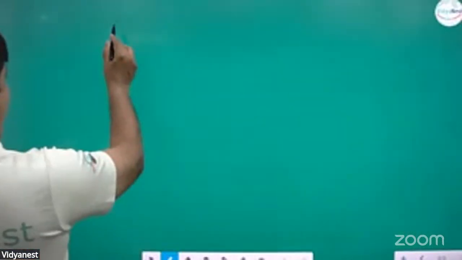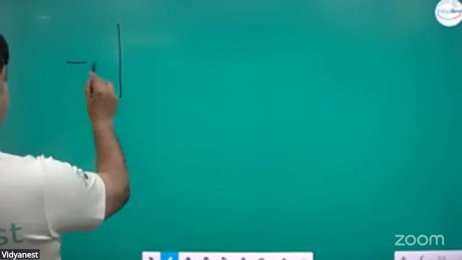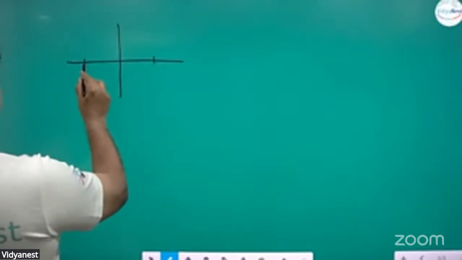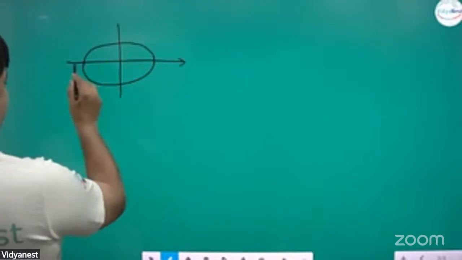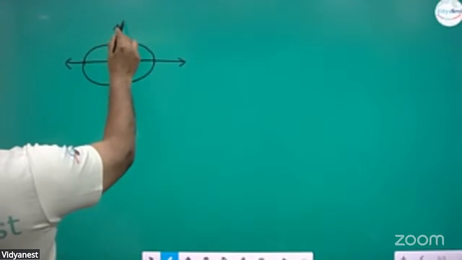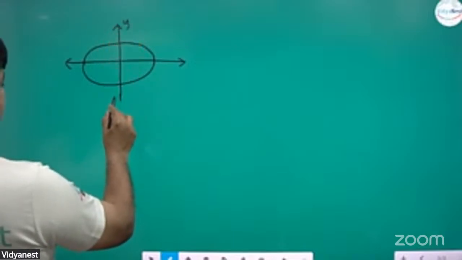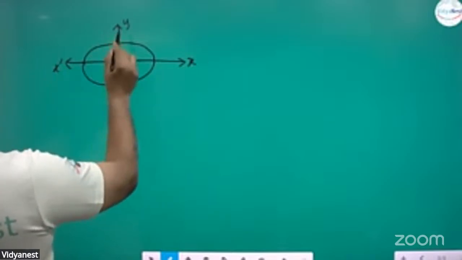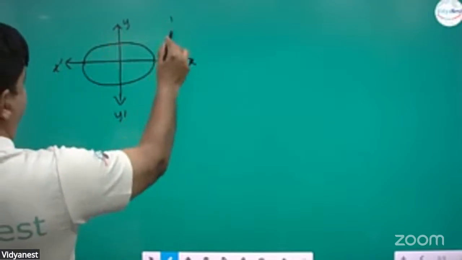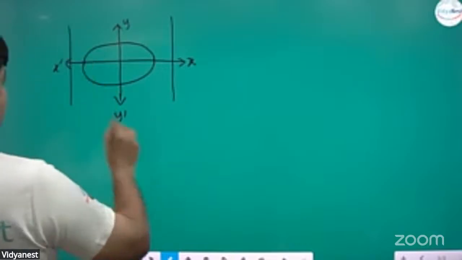So till now, what conclusion can I draw? There is an ellipse with respect to the x-axis, meaning the x-axis is considered as its axis. Two directrix.